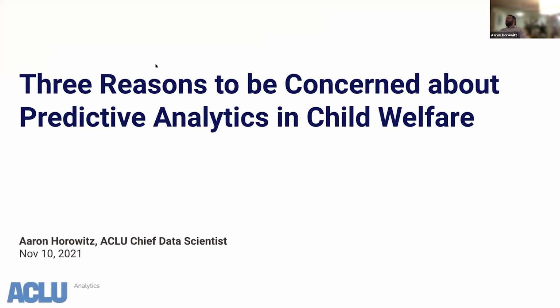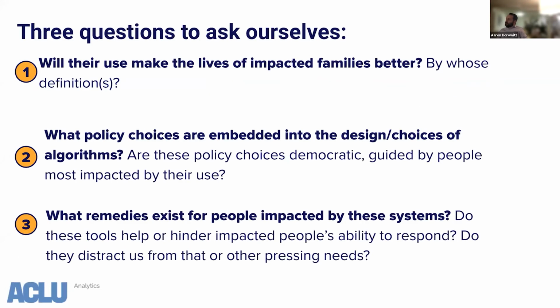All right, so we have three major concerns as we start to investigate predictive analytics in the child welfare system. For me, this is informed by 4 or 5 years of work in the criminal justice system, evaluating and in some cases building algorithms and seeing what happened there, and seeing pretty similar patterns as these tools start to get applied and considered for use in the child welfare system.